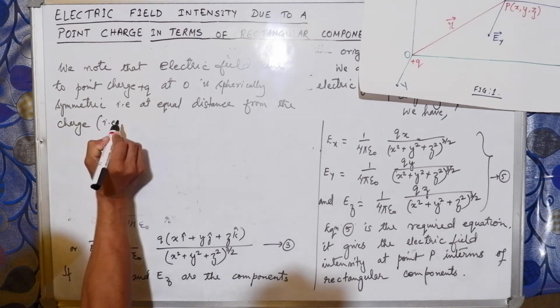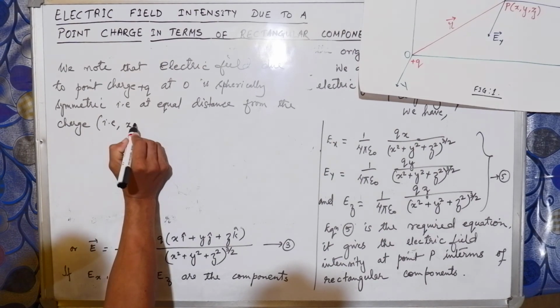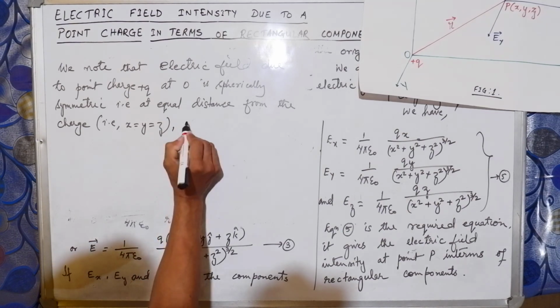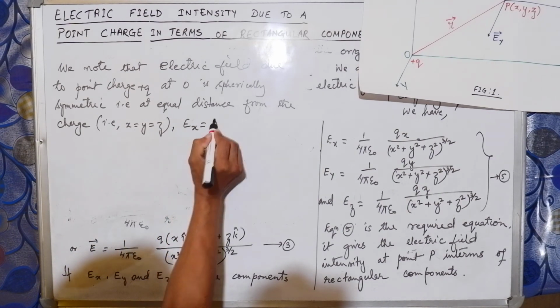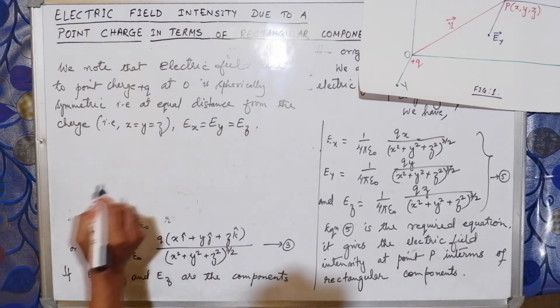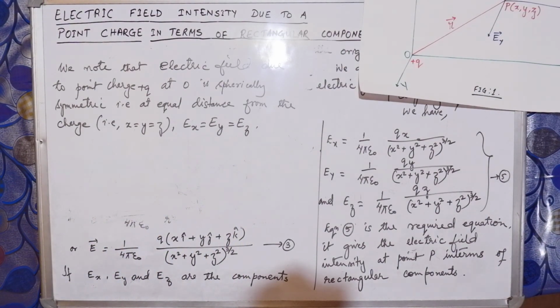That is, X is equal to Y is equal to Z, then we will have Ex equal to Ey equal to Ez. With this we complete the topic today. Thank you.